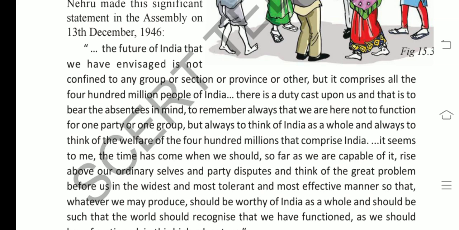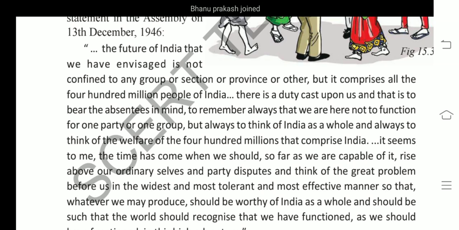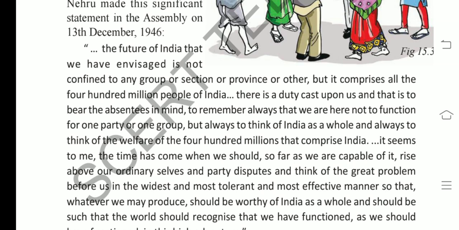Ordinary results in the sense that some of the members in the Constituent Assembly are related to Hinduism, right? Some members from Hinduism are the representatives in the Constituent Assembly. Some are from the Islam community, some are from scheduled caste, some are from the women community, some are from the Sikh community, some are from the Brahmin community. So no one should work for their own community. Understand?